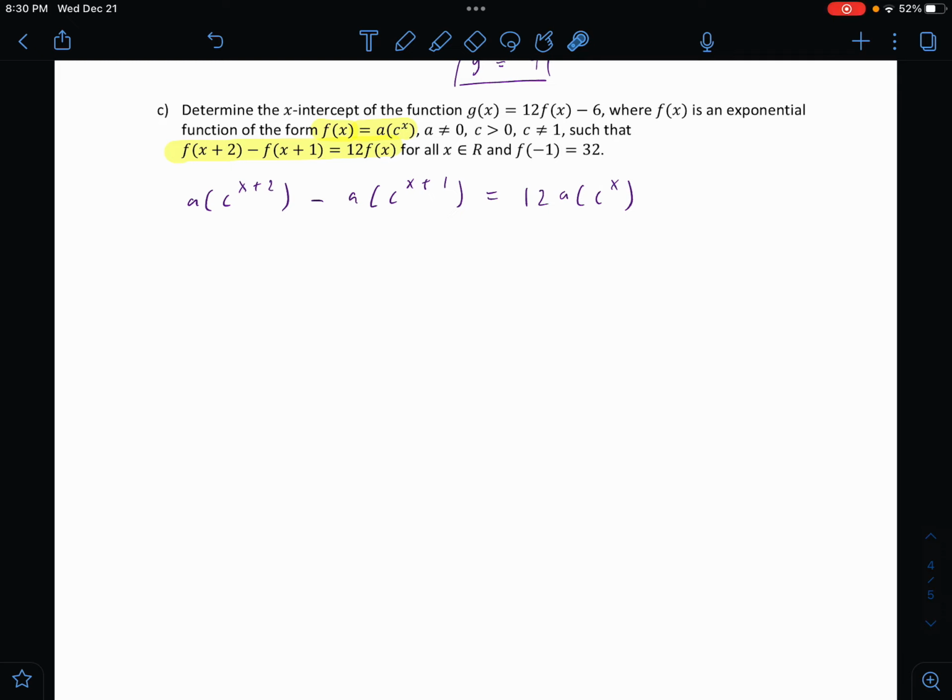Now, in terms of what we can do with this, right away we can actually cancel all the a's out. We can divide everything by a. And that's going to simplify things. So we're going to get c to the exponent of x plus 2 minus c to the exponent of x plus 1 is equal to 12 c to the exponent of x.